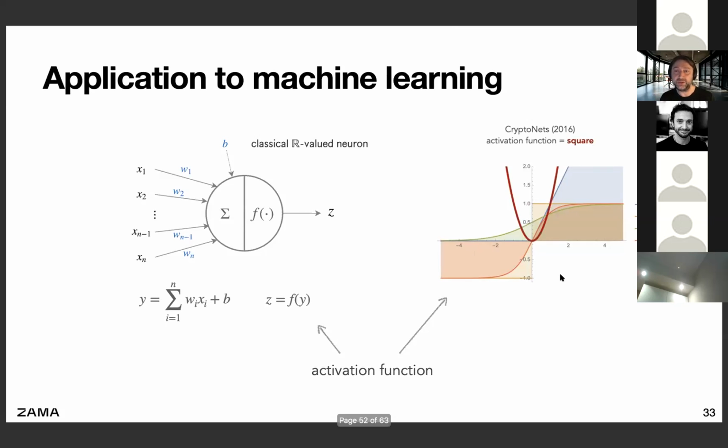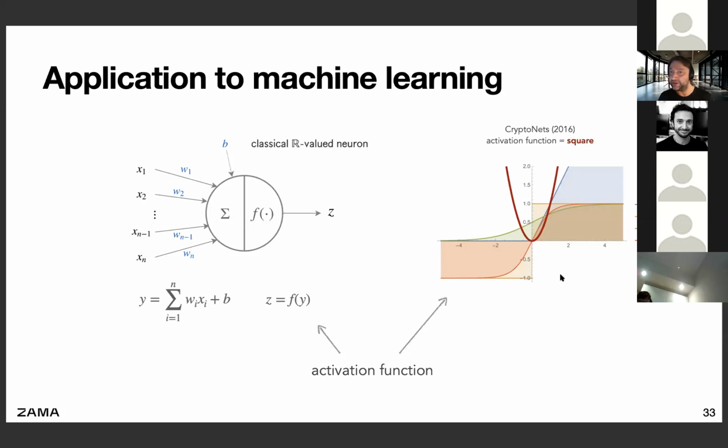The way it used to be done in 2016, when the CryptoNets paper was published, was to use second generation schemes, where, as I told you before, the complexity depends on the multiplicative depth of the circuit. So what they wanted to do is minimize the number of multiplications. So what they did is replace the activation function with a square function.